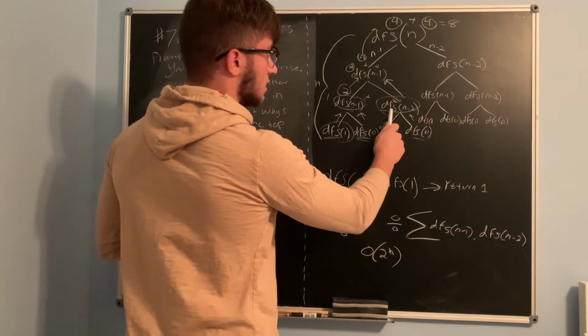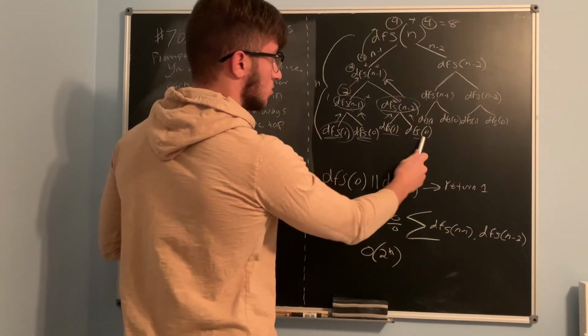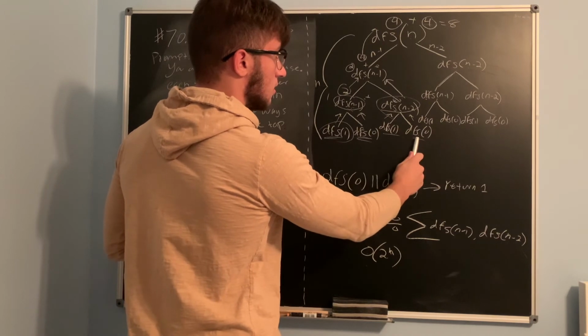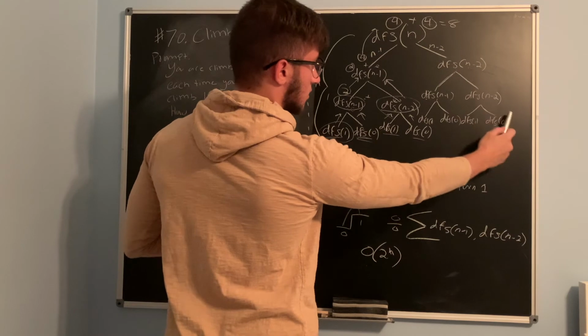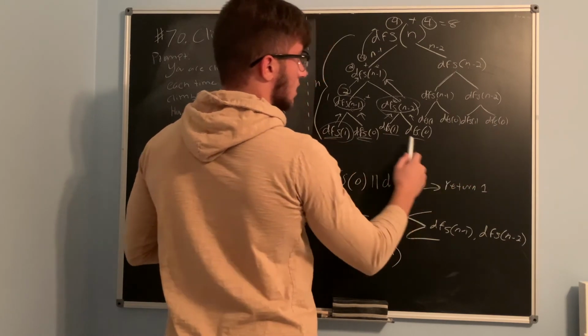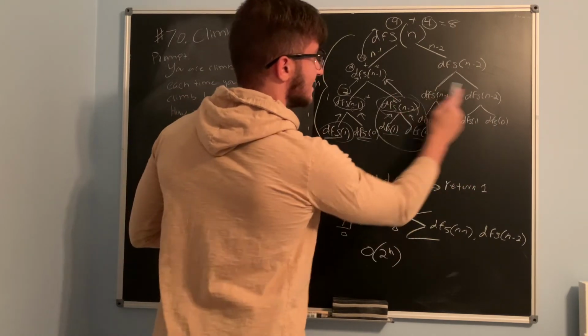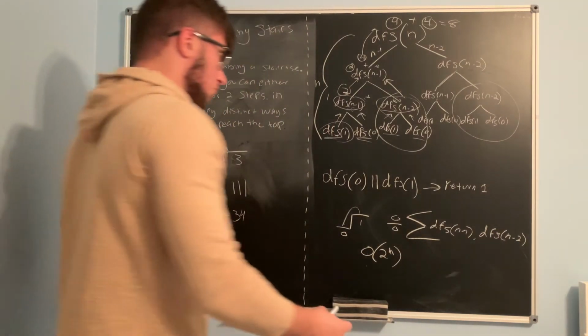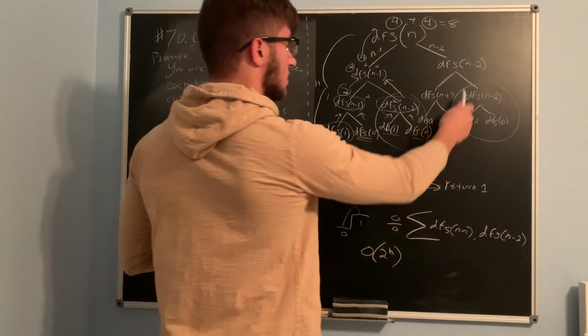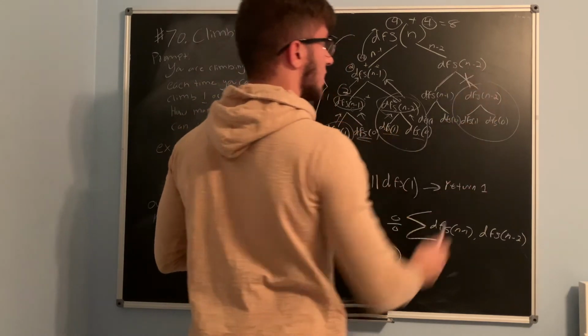Notice how DFS of n minus 2 has 2 branches, 0 and 1. And this 2 right here has 0 and 1. So these branches are exactly the same. So we're repeating steps we don't need, and this whole entire branch right here can get cut off.